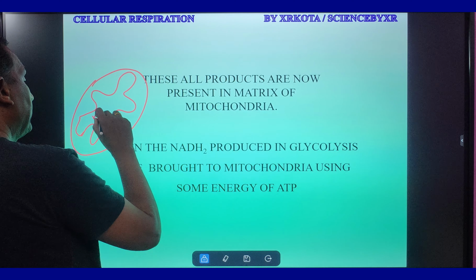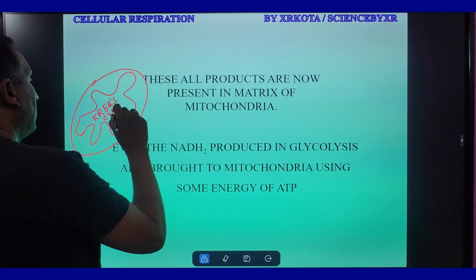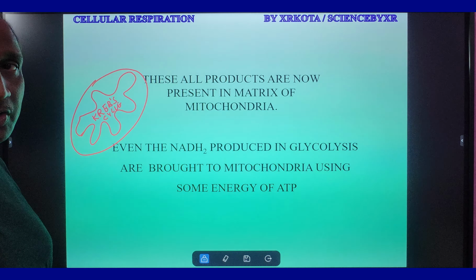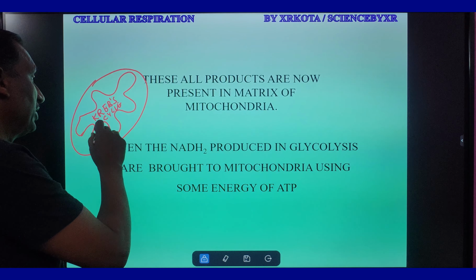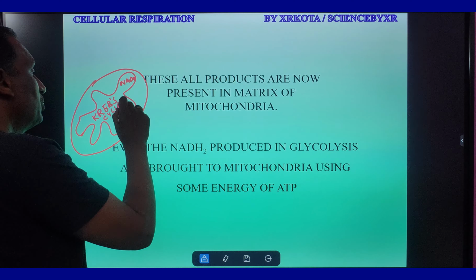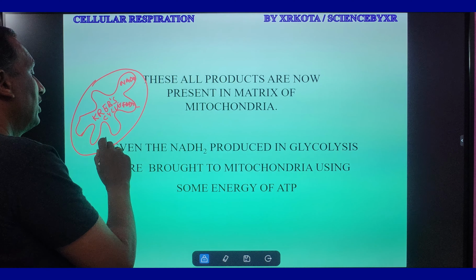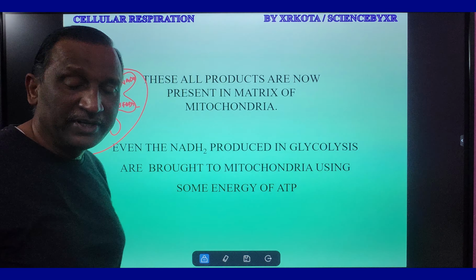Krebs cycle was taking place here. So what happened at the end of the Krebs cycle, we will have a large number of NADH2 here, FADH2 here, and we will have some carbon dioxide and all. Carbon dioxide will readily diffuse, no problem.